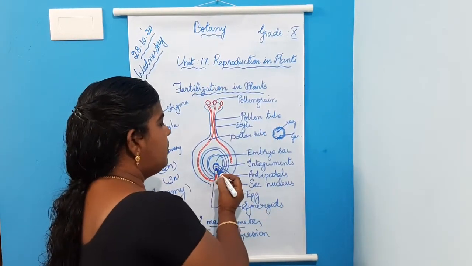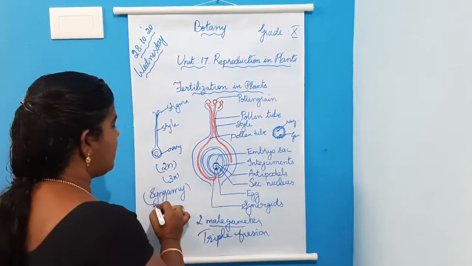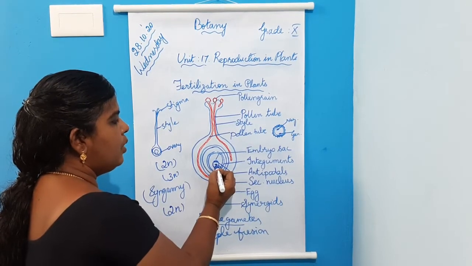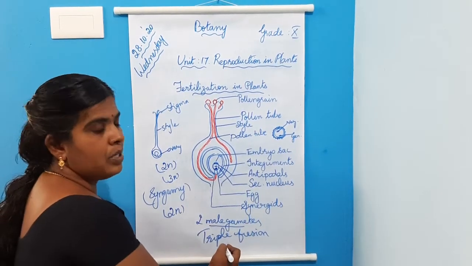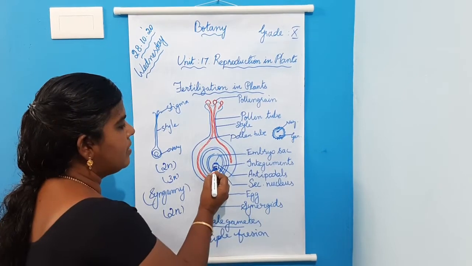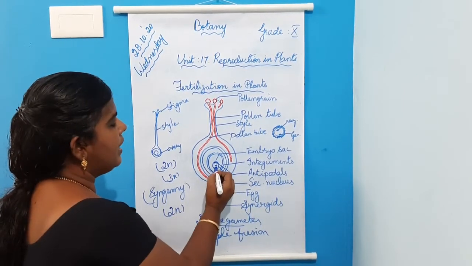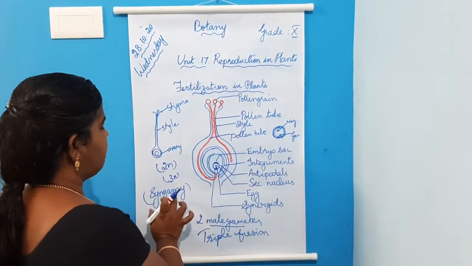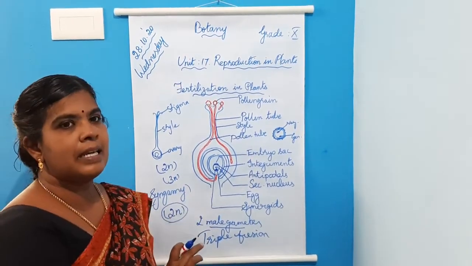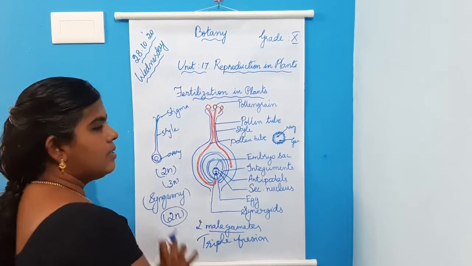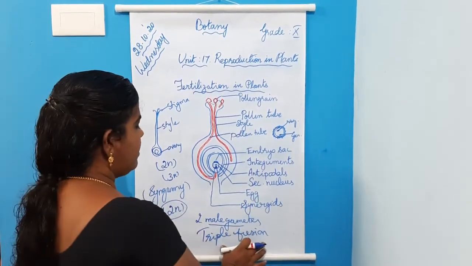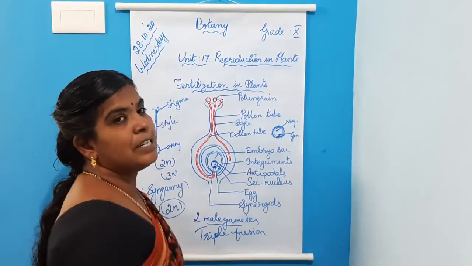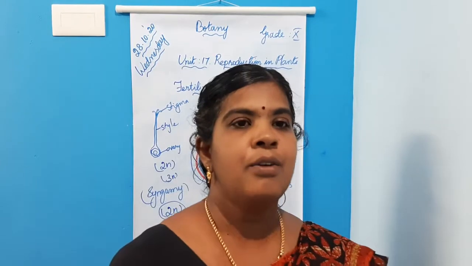One of the male gametes fuses with the egg, and the process is called syngamy. The second male gamete fuses with the secondary nucleus. That is called triple fusion because the nature of the secondary nucleus is diploid, while the egg is haploid. The zygote formed as a result of syngamy is diploid, but in triple fusion the nucleus formed is triploid in nature, so it is triple fusion.